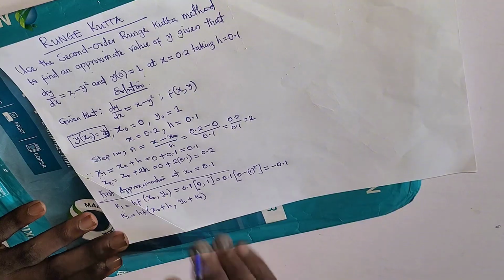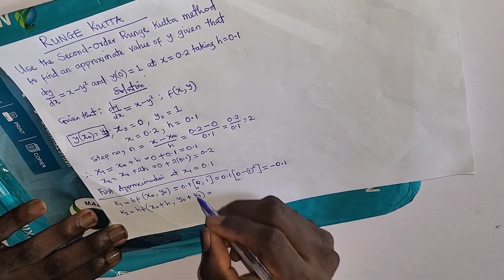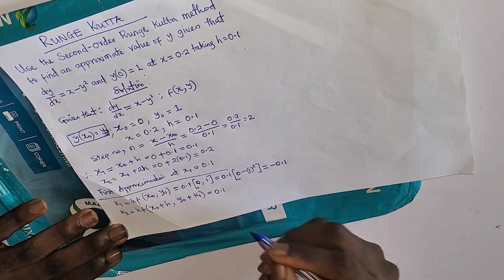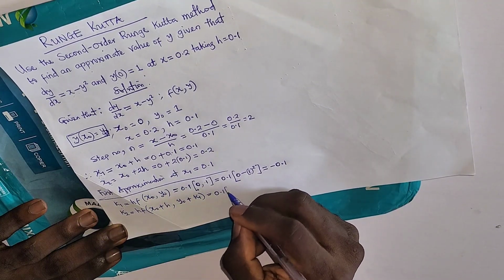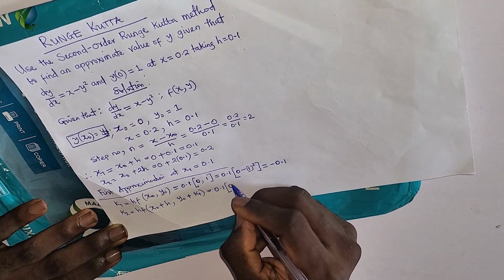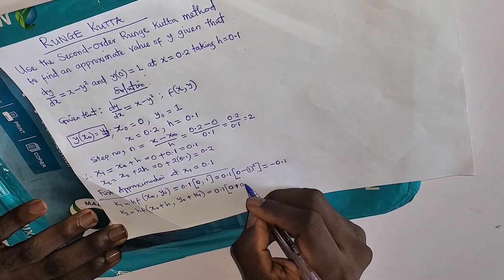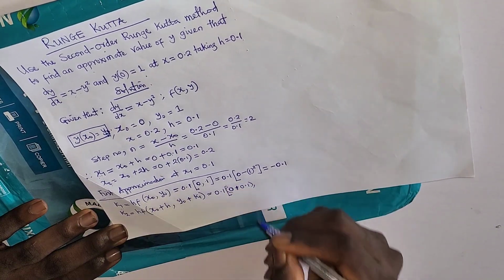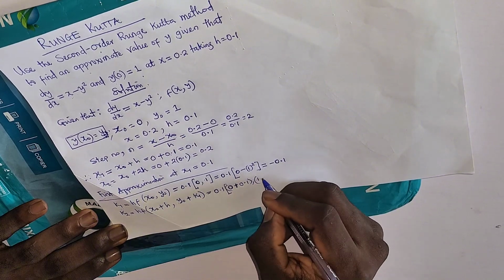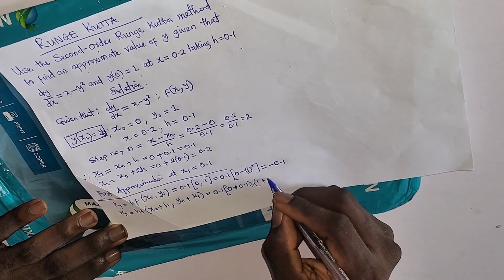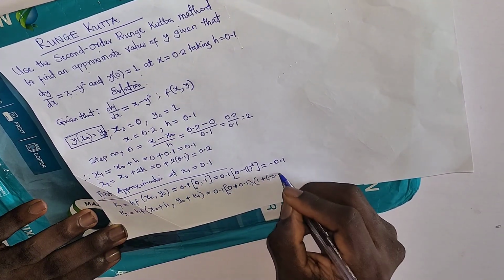And we now say our h is 0.1. x naught is what? 0, right? Plus 0.1, comma, y naught is what? 1 plus k1, which is negative 0.1.